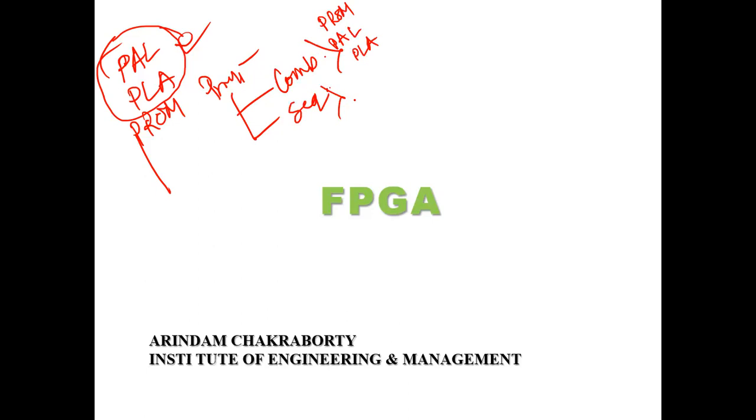Similarly, in the sequential type PLD, the first is SPLD, then CPLD, then FPGA. Field programmable gate array. So now we are looking at the field programmable gate array.